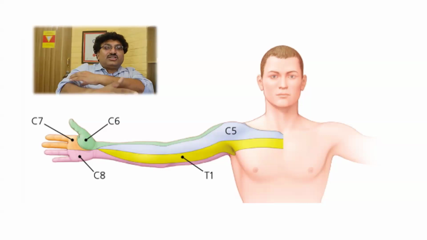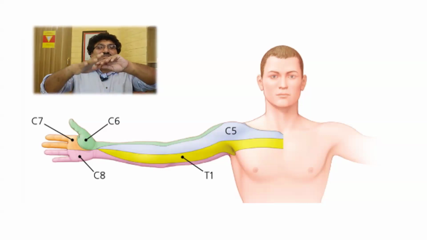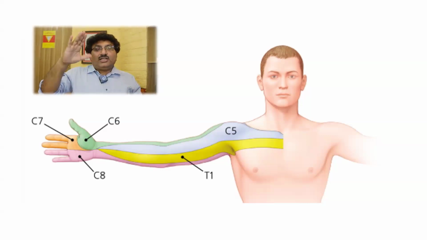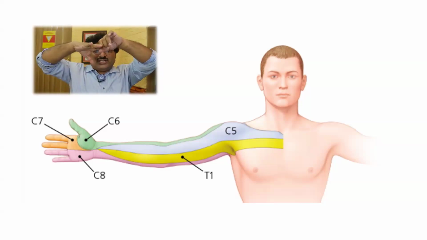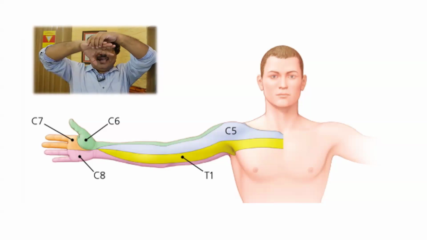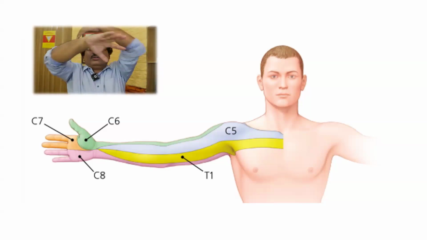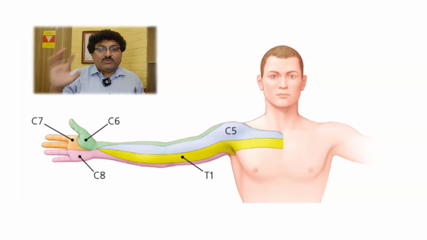Whereas C6 typically goes to the thumb. C7 usually goes to these two fingers, and C8 the posterior portion. So in that way, we should remember: if the patient is saying that I am having more problem in this thumb, there could be a C6 radicular pain or C6 radiculopathy.